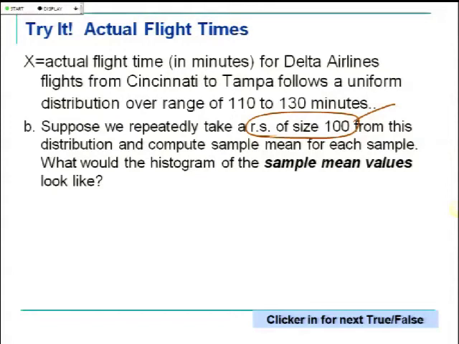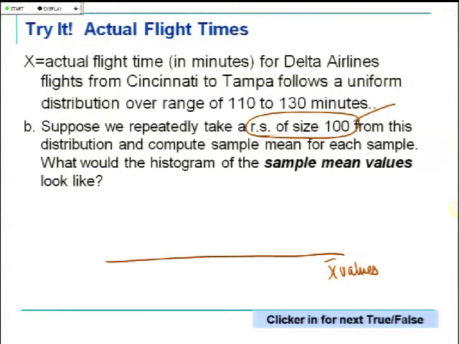And I'm going to start to make a histogram of those sample mean values, the X bar values. So I get my first one, and I put it on my axes. And I go take my next sample of 100 and get it, and put it on the axes. And I keep doing that over and over. What will that histogram start to look like?